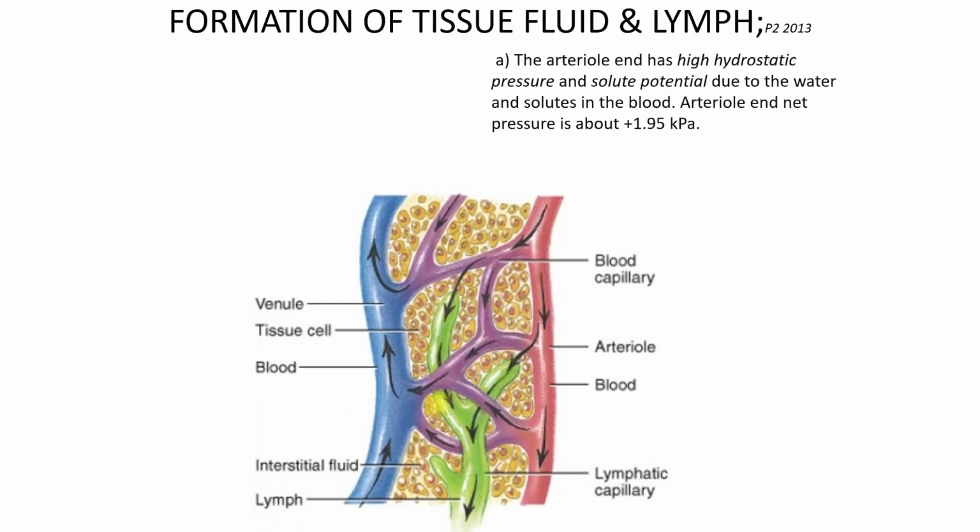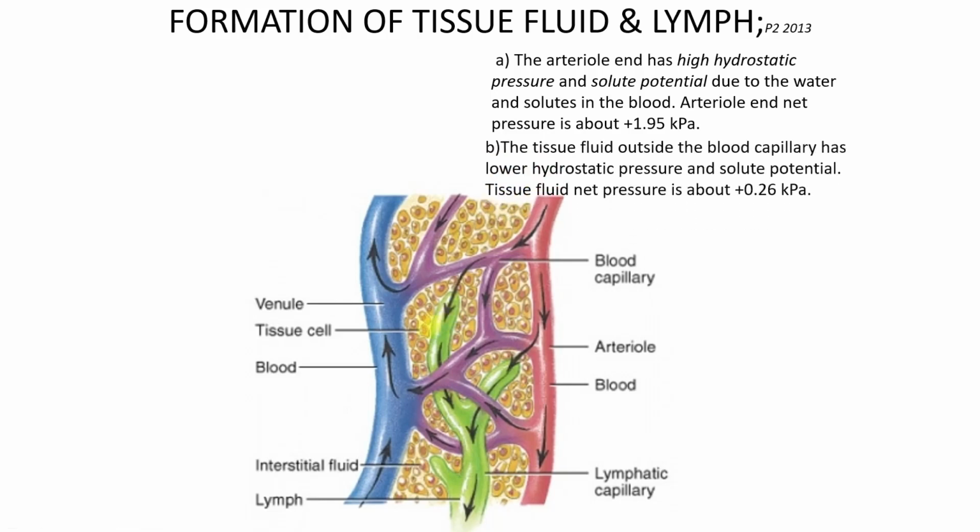Now this arterial end has high hydrostatic pressure as well as high solute potential because of the water and solutes in the blood. Roughly, the arterial end has a net pressure of around 1.95 kilopascal.